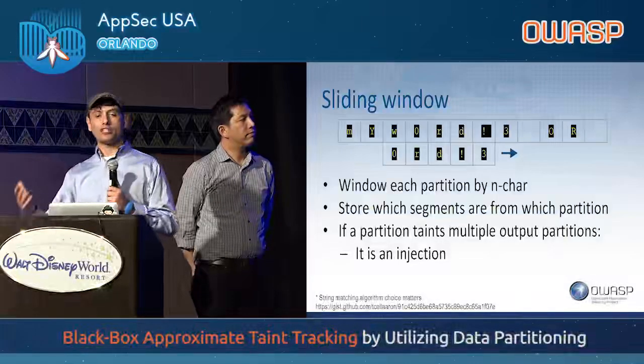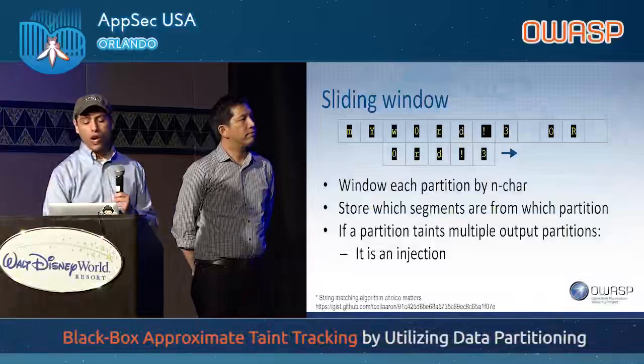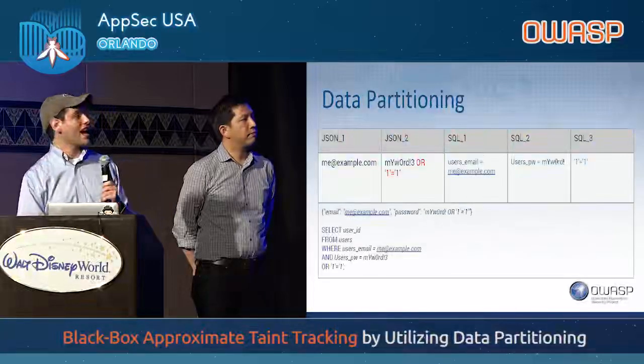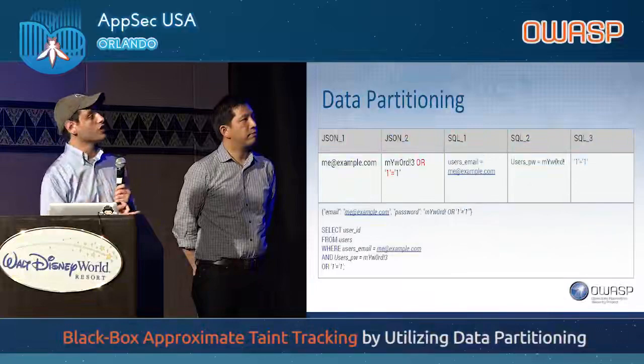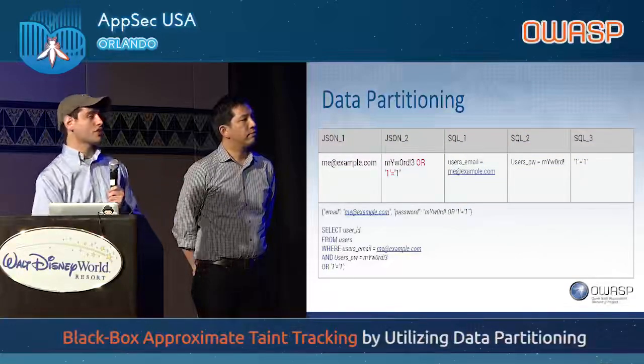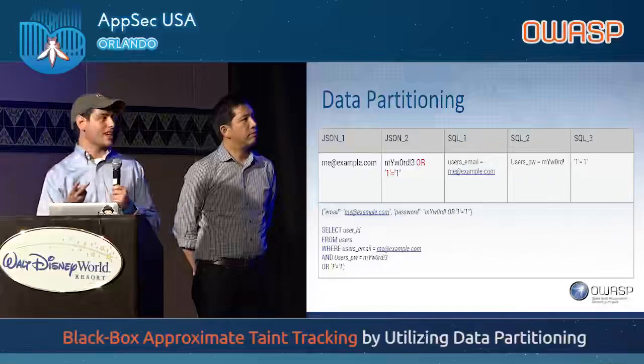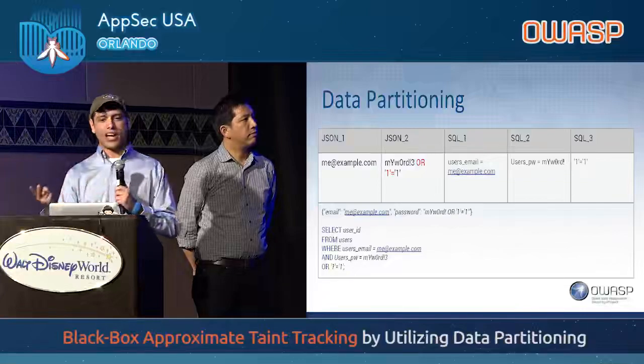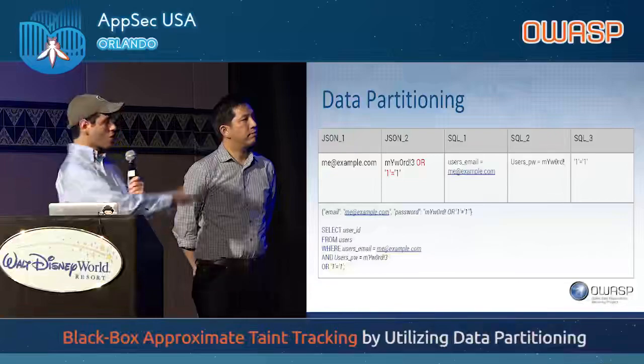And if it's showing up in more than one, here I have what was one input, my password or 1 equals 1, but it's showing up in 2 separate partitions of the output. It's both setting the password and it's in this OR clause.